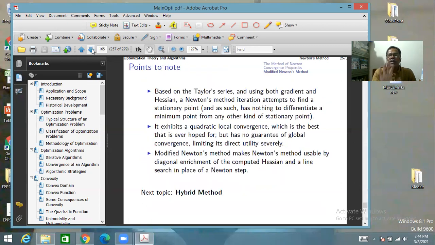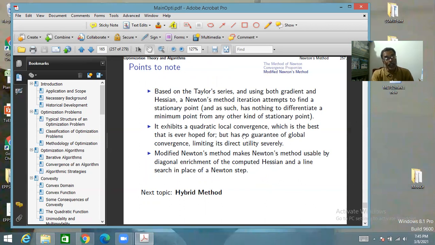So, points to note from this lecture. Based on Taylor series and using both gradient and Hessian, a Newton's method iteration attempts to find a stationary point, satisfying the first order optimality condition.